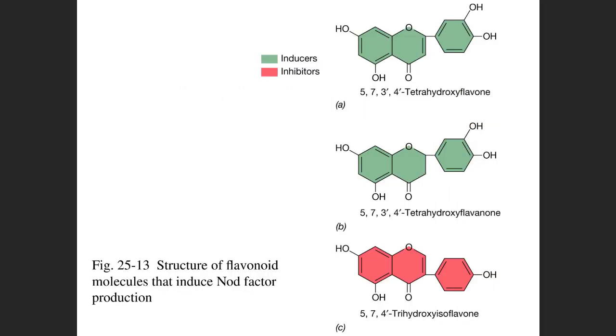What about plants? Well, plants also produce different molecules. The green ones are the molecules that induce nod factor, and the red are the ones that suppress it, don't induce. So when bacteria detect these molecules, they say, oh, my friend is here, let me produce nod factor.